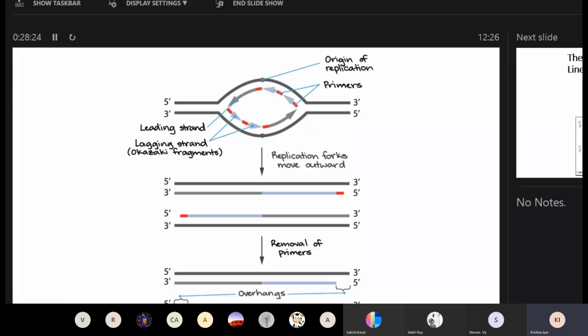So these two Okazaki fragments will become one. Not only that, this Okazaki fragment is going to encounter the primer of the leading strand which started from here. And that will remove this RNA, add DNA, and seal, so that in the end it will go all the way and complete the replication.